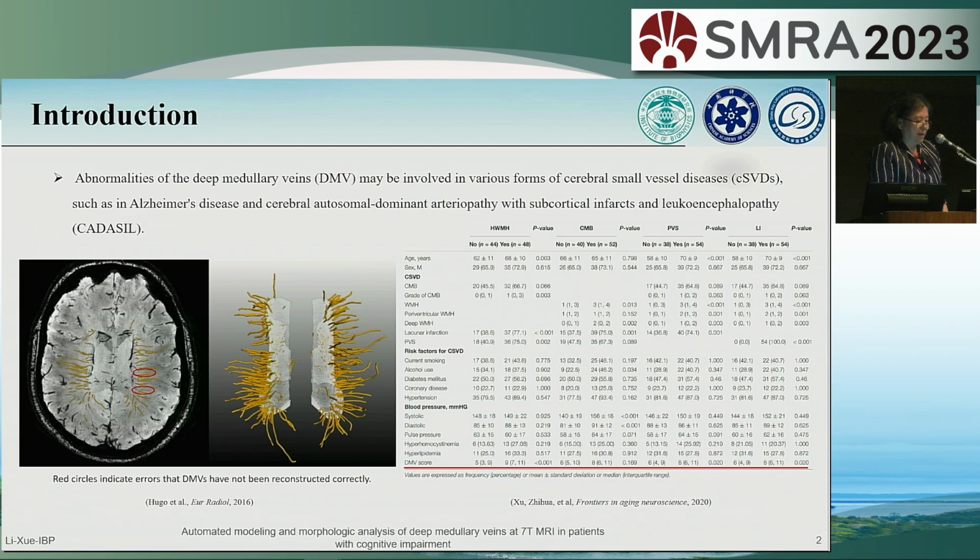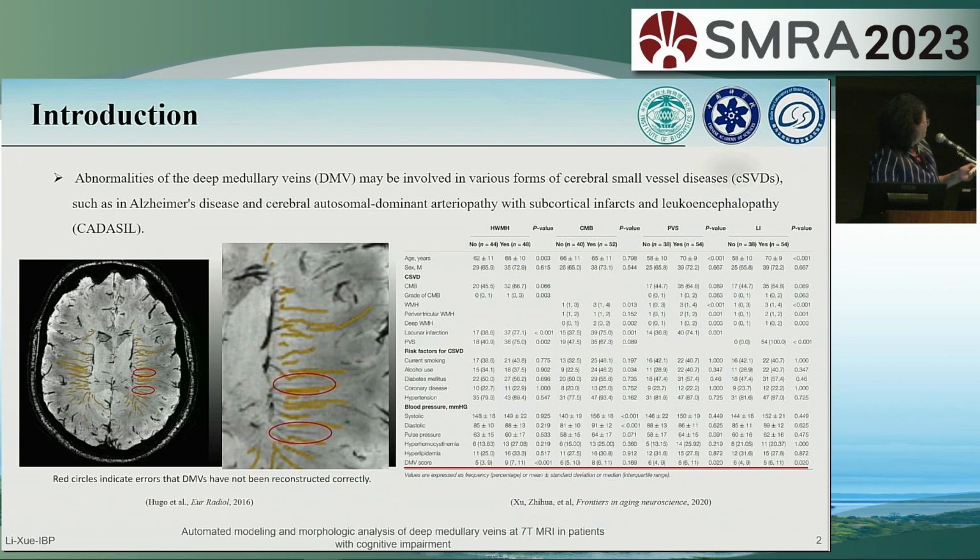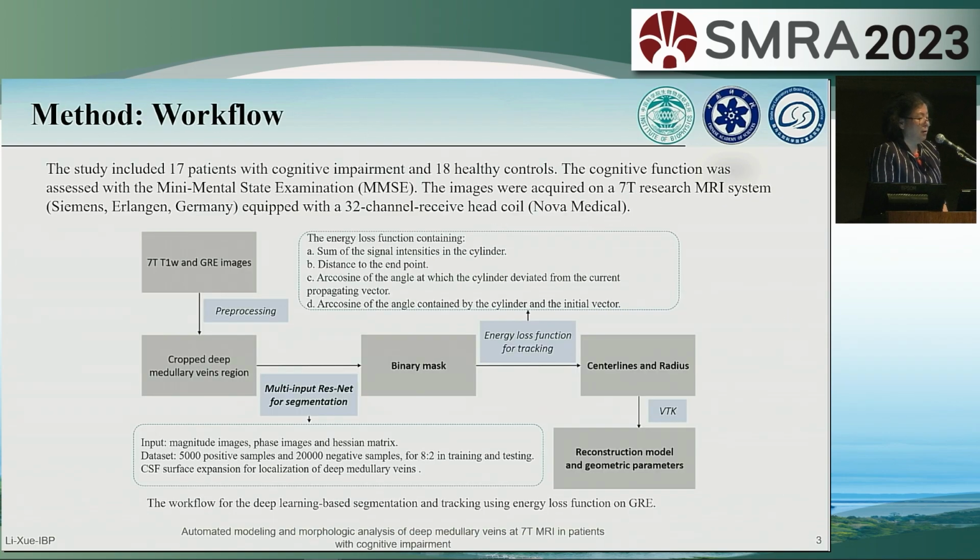However, the automated segmentation algorithms are not perfect in characterizing some deep medullary veins, as you can see in these red circles. So a more robust automated segmentation and tracking method should be developed to give a better characterization of the DVM.